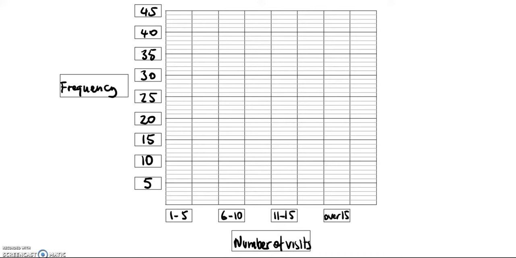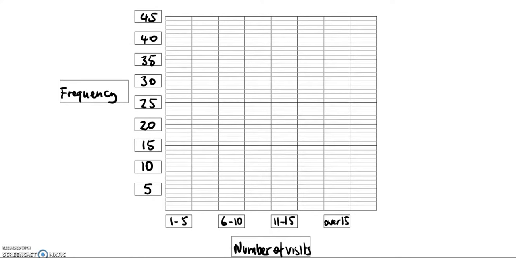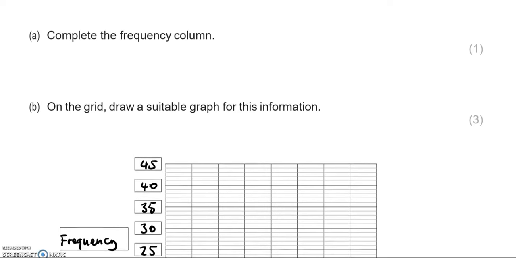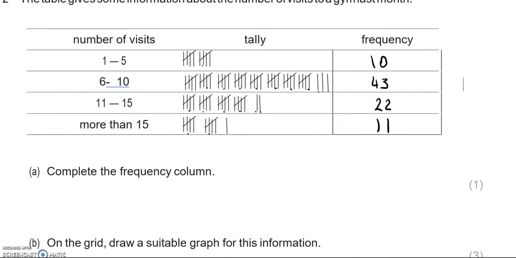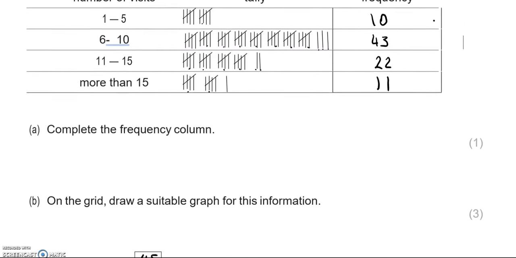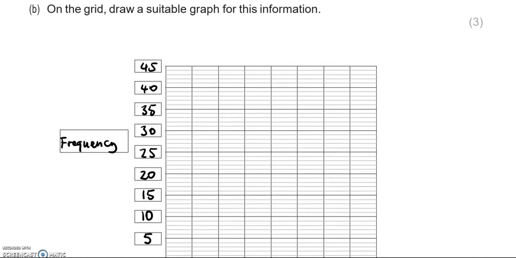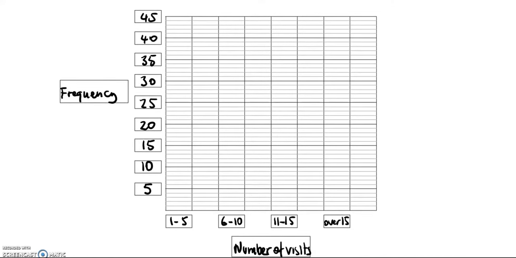Okay, so for number of visits between 1 and 5, we've got a frequency of 10. So we're going to show that there. It's going to go up to 10.